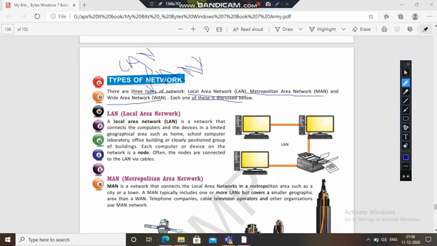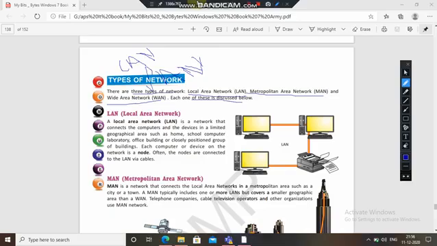LAN, MAN, WAN. First of all, LAN, which is a local area network, MAN, metropolitan area network, and the last one is your WAN, wide area network.